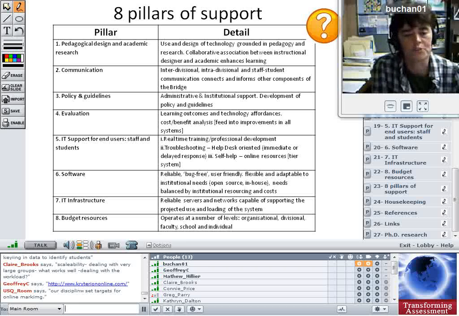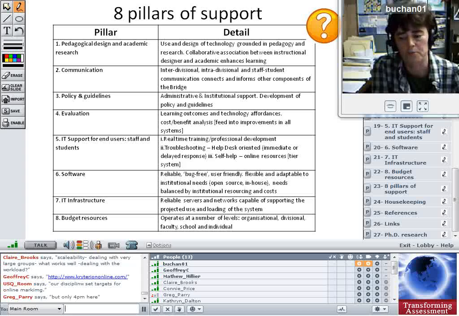I've been through the summary of the 8 pillars of support, so I'll give you the opportunity to put your hand up, and I'll stop talking for a while. I don't know if anybody has any comments or questions, so perhaps I'll deactivate my talk button, and if people want to put their hand up, we can take a few questions.